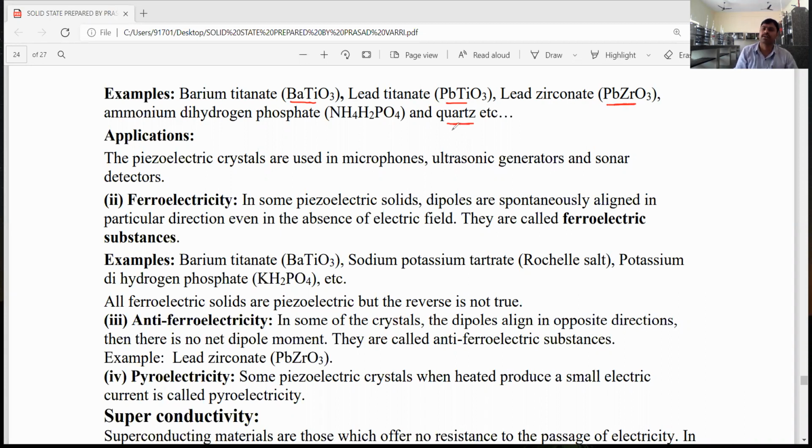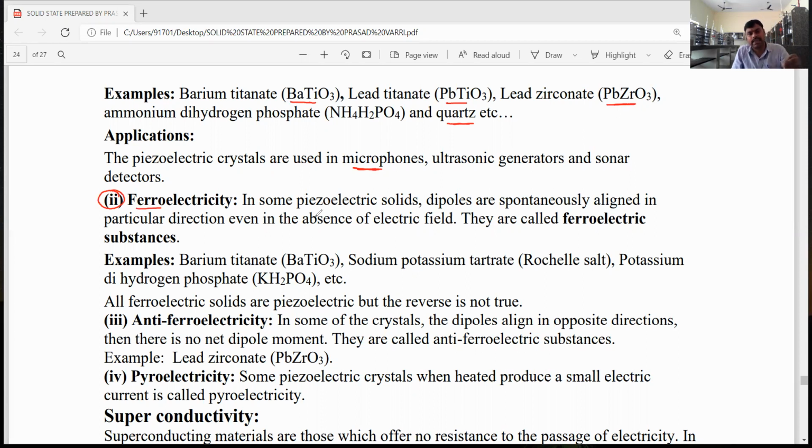These piezoelectric substances are mainly used in microphones, ultrasonic generators and sonar detectors. And another important type of dielectric property of substances is ferroelectricity.